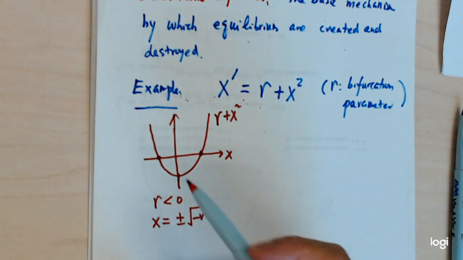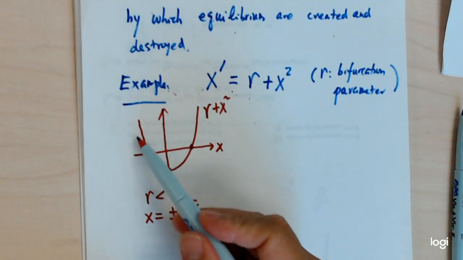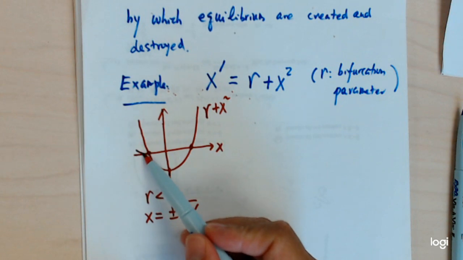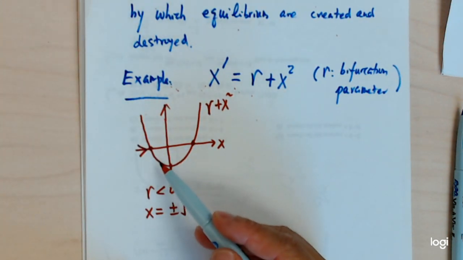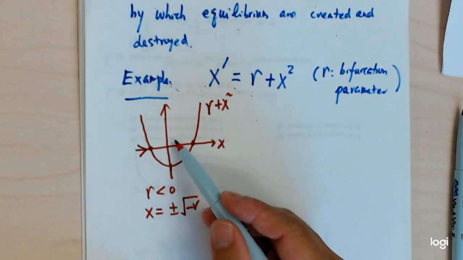Phase line analysis: x prime on this side is positive because the curve is above the x-axis, so right arrow. In between, x prime is negative because the curve is below the x-axis.